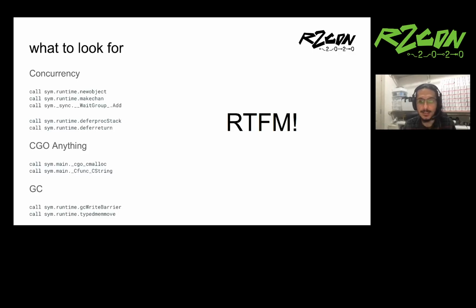Any function that is a cgo function, you're going to identify with _cgo_ and _cfunc_. And any functions that have to do with the Go garbage collector are going to be under sym.runtime as well. And these are two examples of them: GC write barrier for a barrier that is being written, and then typedmemmove as we saw earlier. So the TLDR of that is read the manual, right?